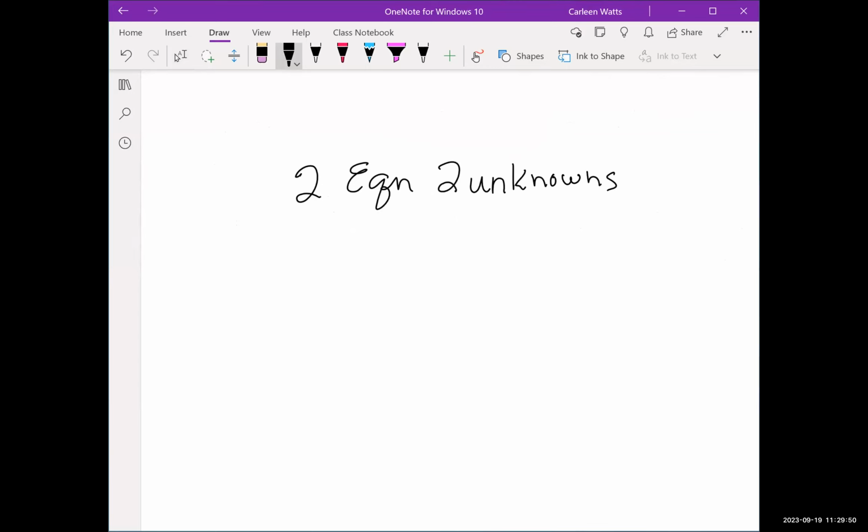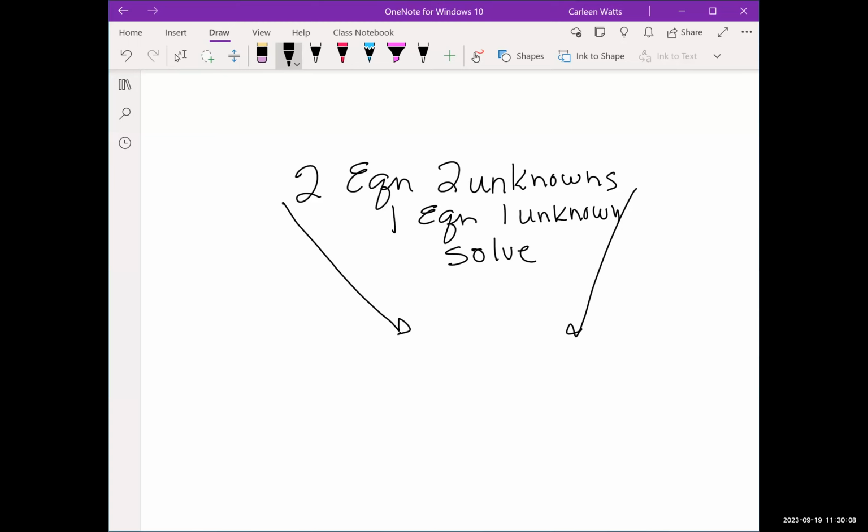If I have 2 unknowns, I have to have 2 equations. What I'm trying to do is go to 1 equation with 1 unknown, and then I can solve. So I'm trying to condense it from 2 equations down to 1 equation.